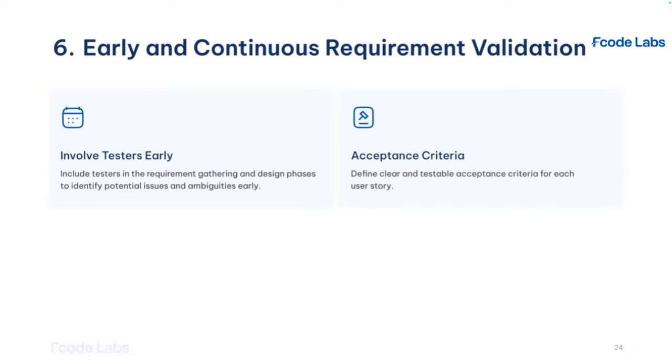Involve them, get their feedback, get their idea about what can be improved more in these requirements. Do you see any obvious bugs in the requirements itself? These kinds of discussions should happen within your team in order to implement shift-left testing.